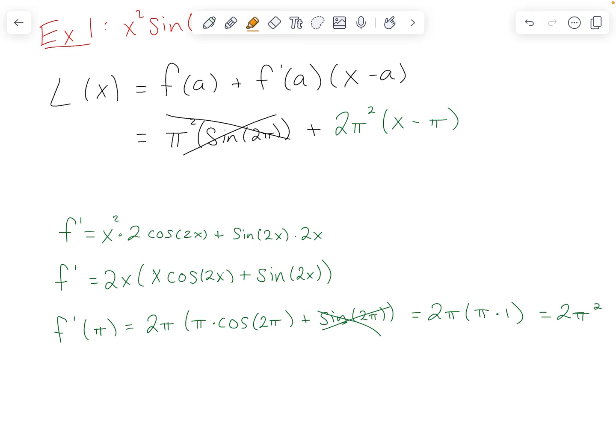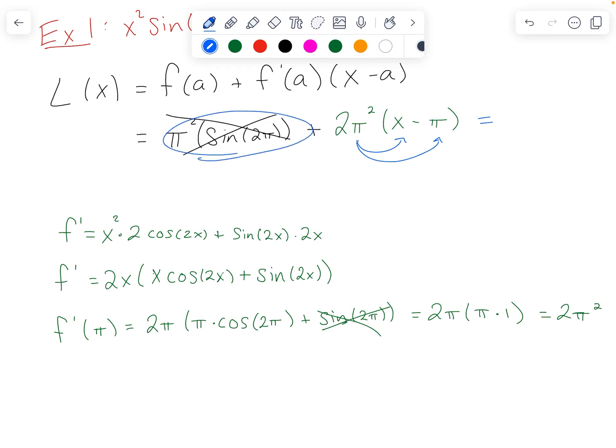The only things we plug in for our linearization, we plug in for f of a, we plug in our a value into the f prime equation, and we plug this in. We leave this x alone. And then we can distribute to both parts, and I get my linearization function is going to equal, this is 0, because sine of 2 pi is 0.